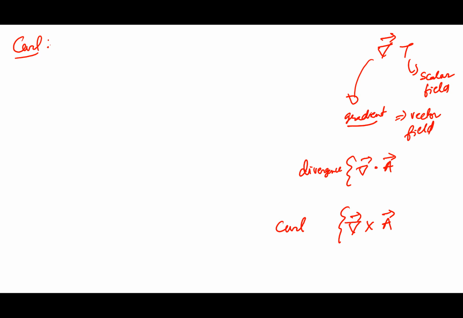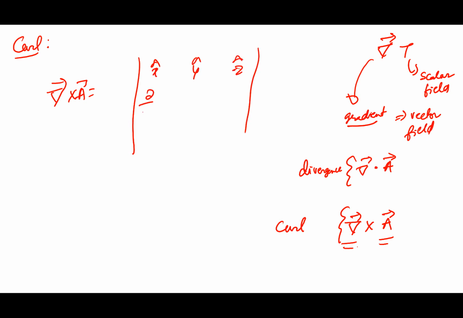Like how we did cross product with a matrix determinant, it's very similar here. We know what this del operator is, and we know what A is. So curl of A would be simply the determinant of the unit vectors x, y, z, then dou by dou x, dou by dou y, dou by dou z, and then Ax, Ay, and Az.